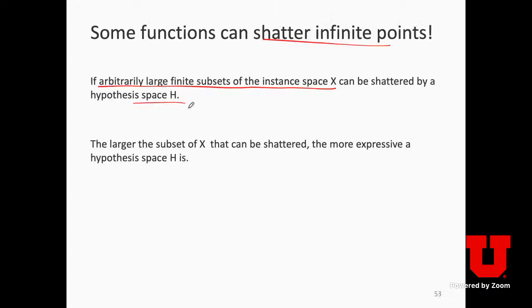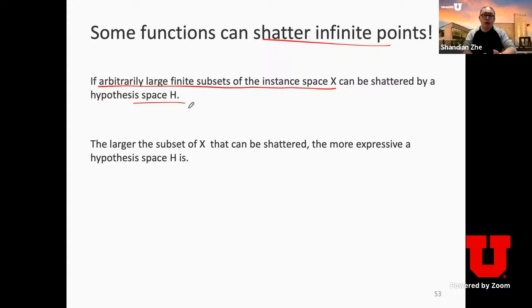Sorry, one quick question about that. A linear classifier can shatter an infinite number of points. Is that true? That depends on how you define the position of the infinite number of points.